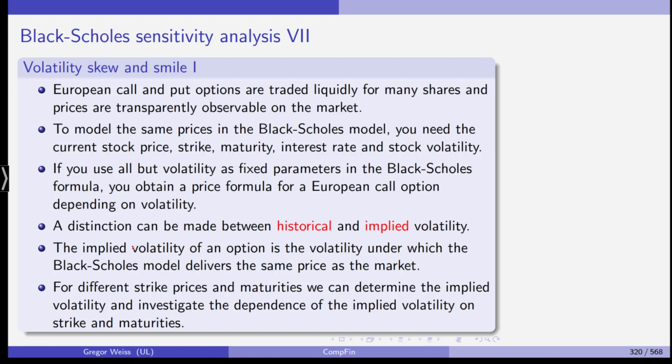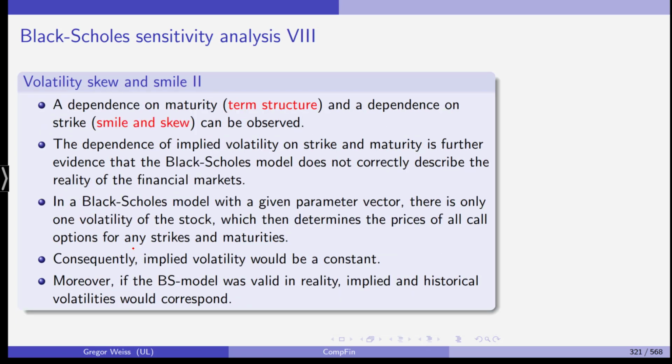For different strike prices and maturities, we can then determine the implied volatility and investigate its dependence on strike and maturity. A dependence on maturity is the term structure, and a dependence on strike, either a smile or a skew, a volatility smile, can be observed.